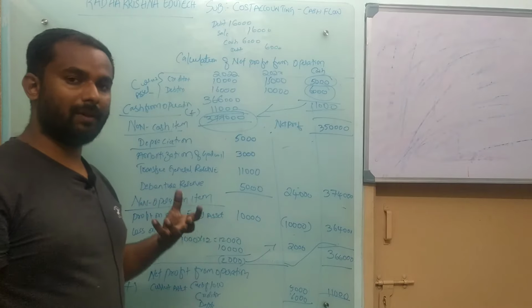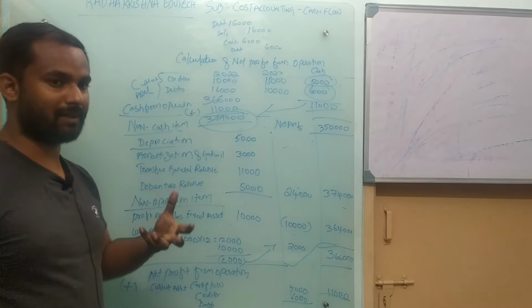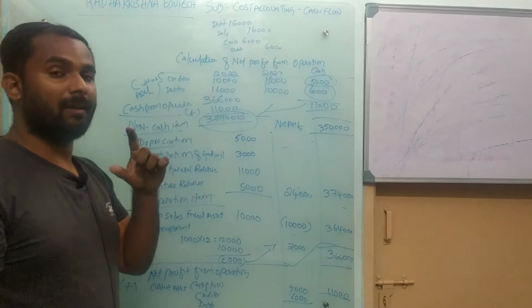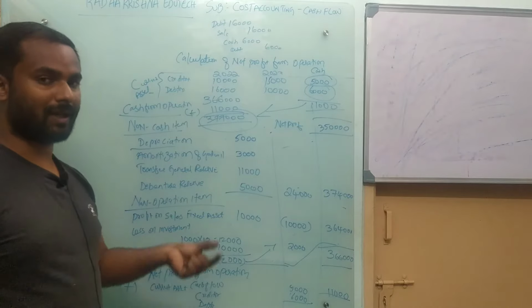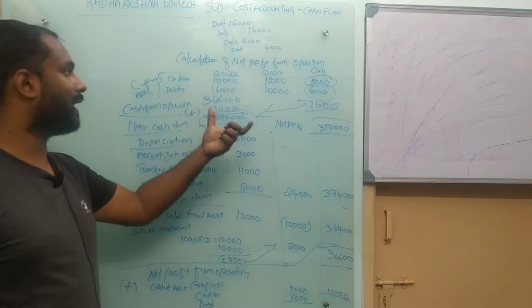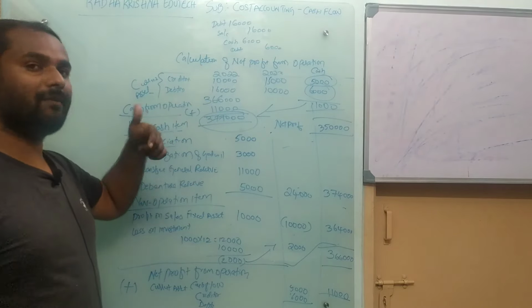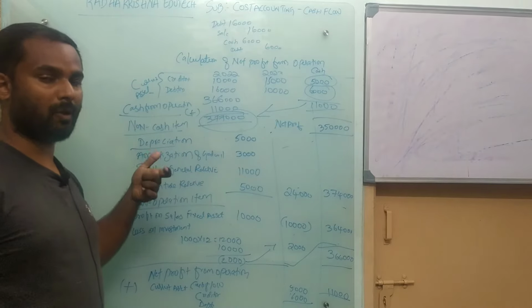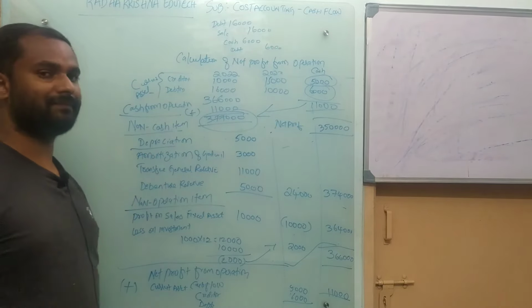It would have been given in your examination questions, or you have to analyze your balance sheet to identify which are your current assets and current liabilities. Based on that, you calculate the inflow and outflow, and then that value you add to your net profit from operation. After calculating that, you will get the cash from operation.